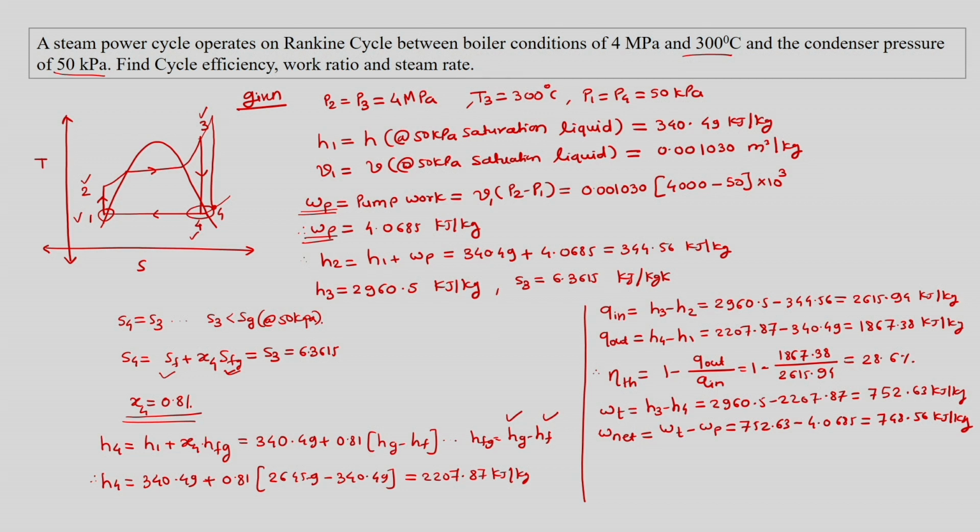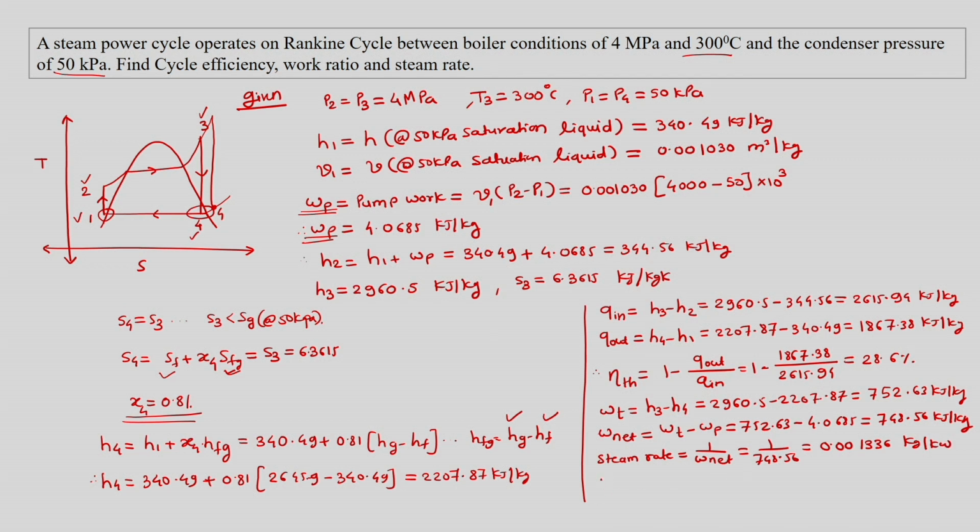So we can find out steam rate. Steam rate is equal to 1 upon W net, which is the specific work. So it is 1 upon 748.56, which is 0.001336 kg per kilowatt.